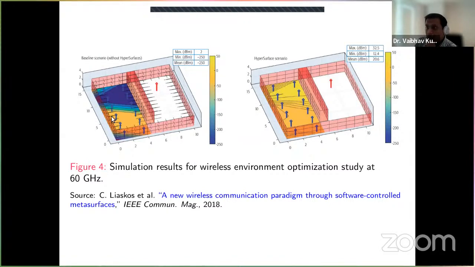Now if we coat the inside of these walls with reflecting surfaces, you see that almost all the region in the left hand side room in the right side figure is yellow, which means we are receiving much higher power. So this is just a simulation scenario to show how these reflecting surfaces can be helpful.